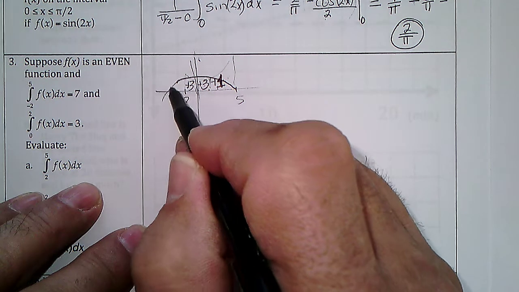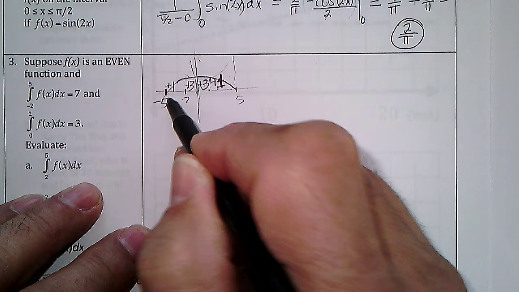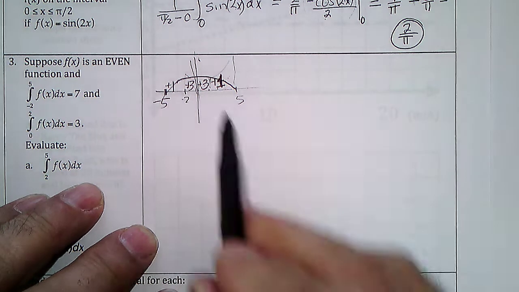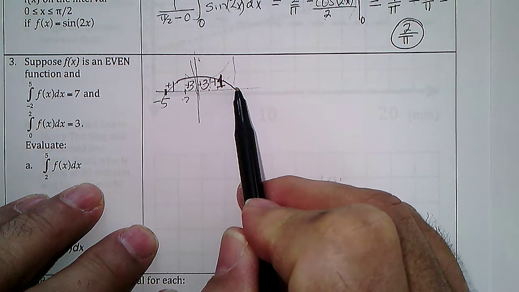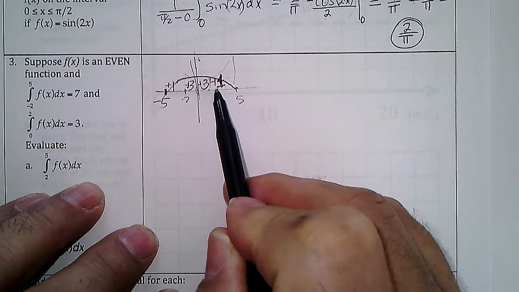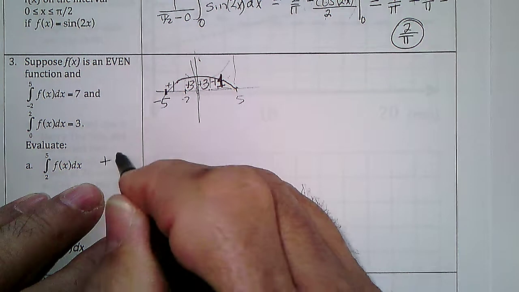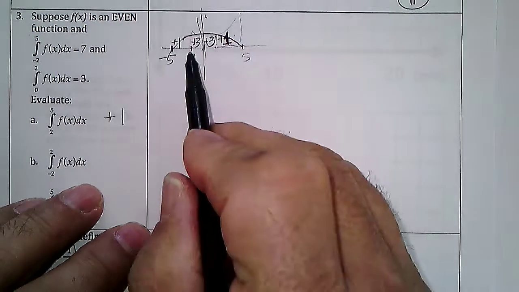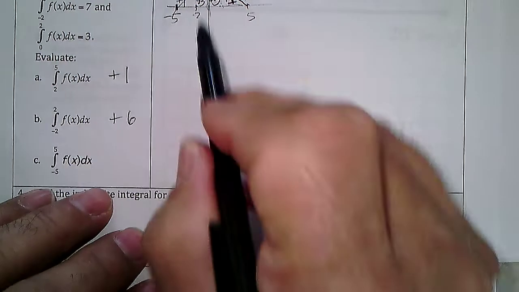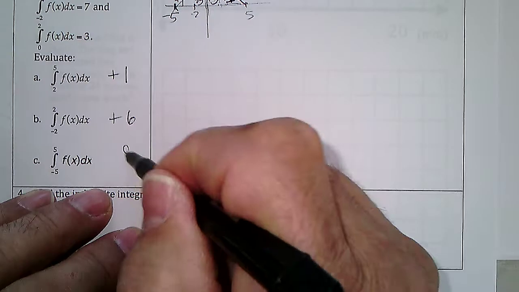And it must be another plus 1 over here from -5 to -2. So from 2 to 5 is plus 1. From -2 to 2 is plus 6. And from -5 to 5, it's 4 and 4, 8.